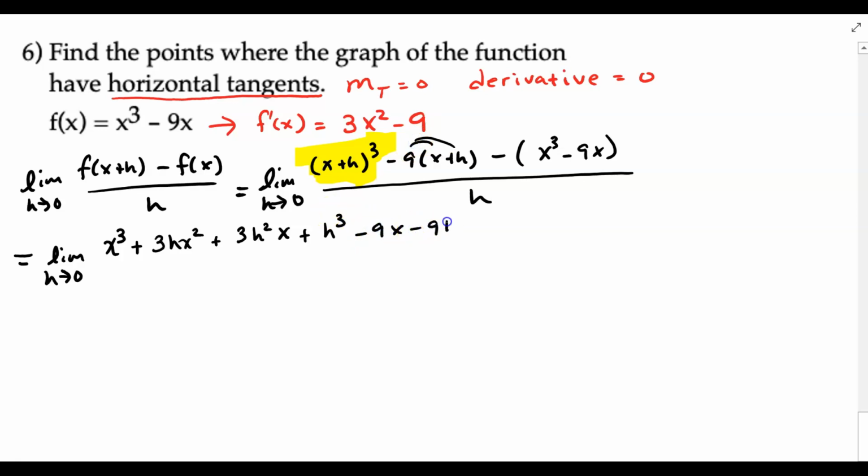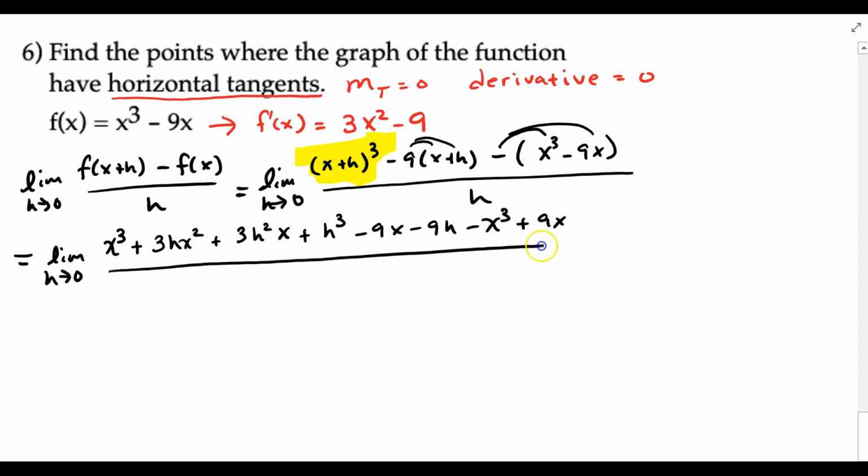Minus 9x minus 9h. And then more distribution, minus x cubed plus 9x, all divided by h. And then let's see if we can get rid of anything. Minus 9x plus 9x. X cubed and a minus x cubed. And I think that looks like it.